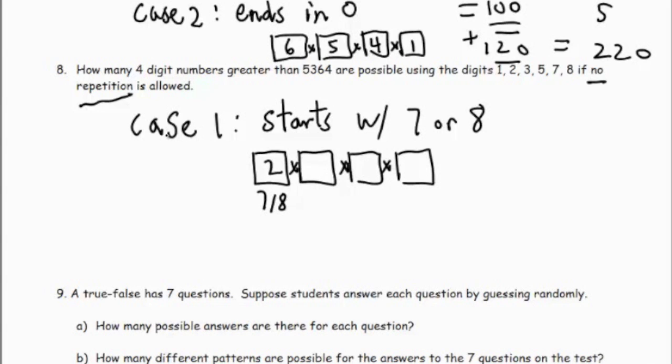So here's our first case. 7 or 8, there are 2 options here. No restrictions for any of the other positions. We've got 5 remaining numbers. We've locked in one of those. So 5 times 4 times 3. 10 times 12 is 120. There is case 1.